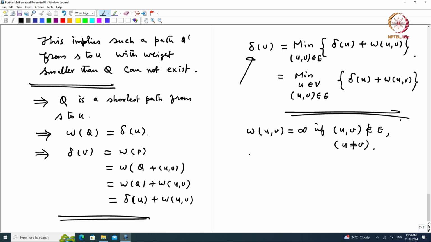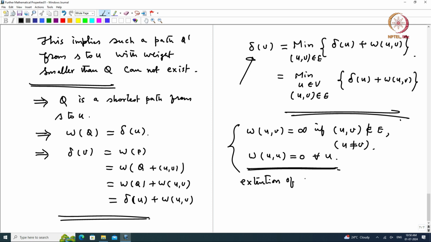We will also set w u u equal to 0 for all u. This is an extension of the weight function.